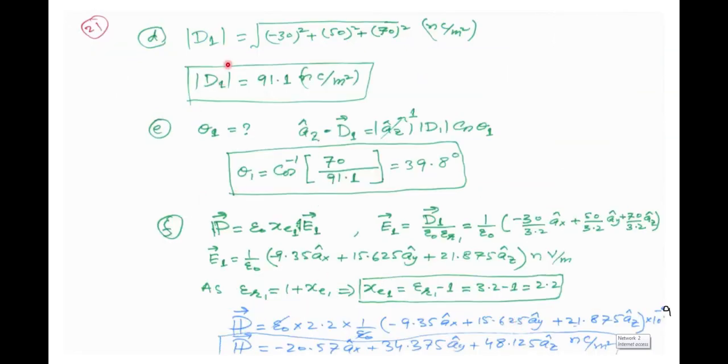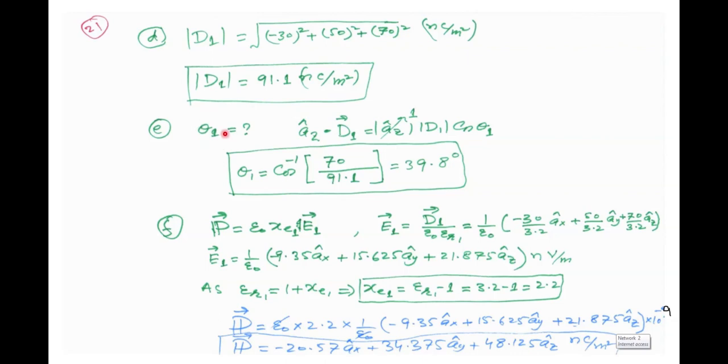In part D, we are asked to obtain the numerical value of the magnitude of D1. That is straightforward. Use this relation, and the numerical simplification gave us 91.1 nanocoulomb per square meter.